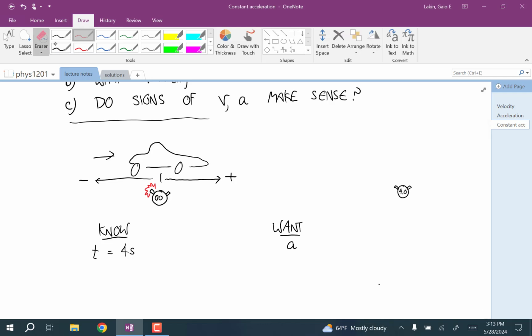You don't have to do that, but I think most people probably would, just for convenience. And so when the stopwatch says 4 seconds, the car is going to be at a position 100 meters away in the positive direction. That says that the position is going to be 100 meters.